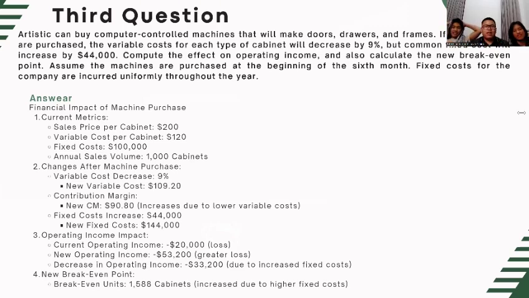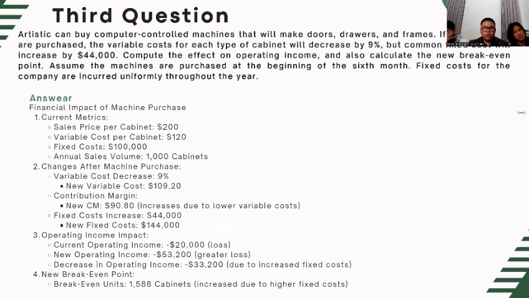The answer is the financial impact of machine purchase. Number one is the current metrics. Sales price per cabinet is $200, the variable cost per cabinet is $120, the fixed cost is $100,000, and annual sales volume is 1,000 cabinets. Number two is changes after machine purchase.